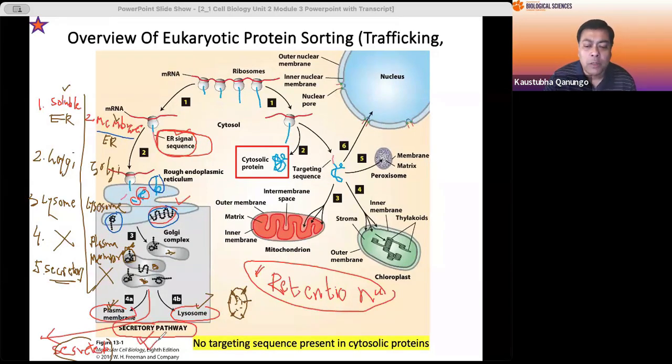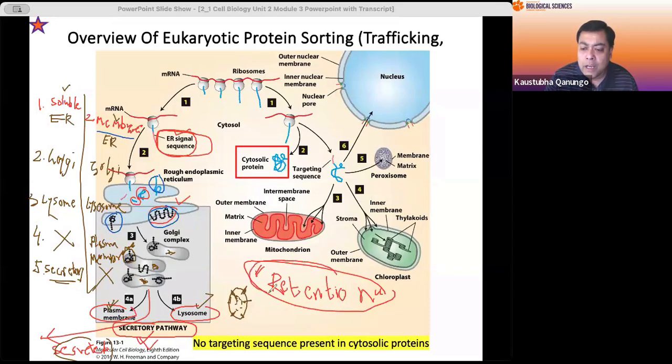All of them are going to the secretory pathway. And for the retention signal, the ER protein will have an ER retention signal, soluble or membrane. The Golgi proteins will have a Golgi retention signal, lysosomal proteins a lysosomal retention signal, plasma membrane proteins a plasma membrane retention signal, or secretory proteins, which will be secreted outside.